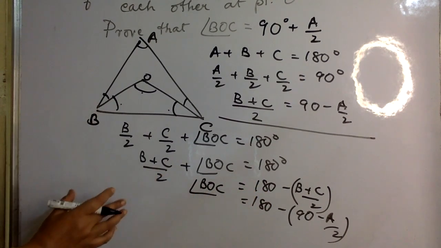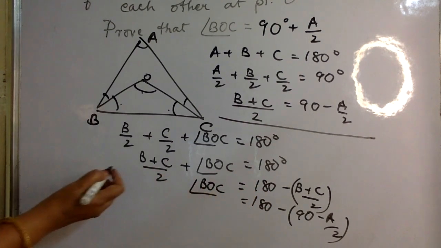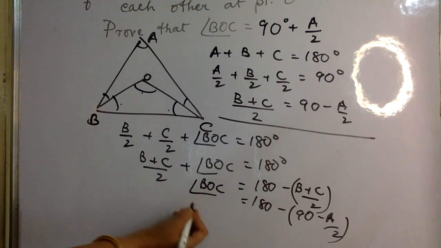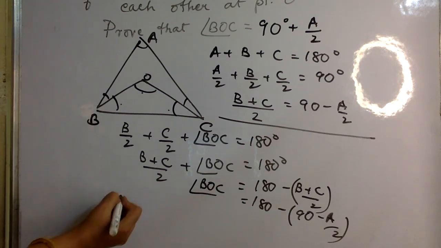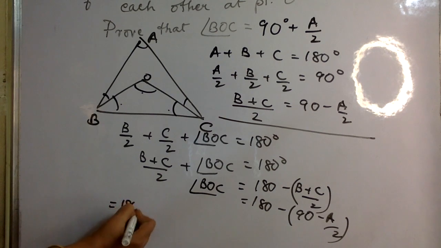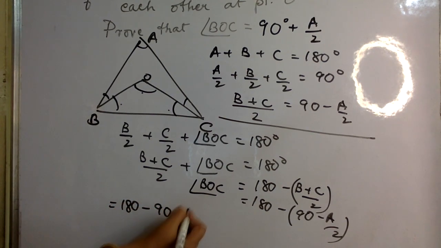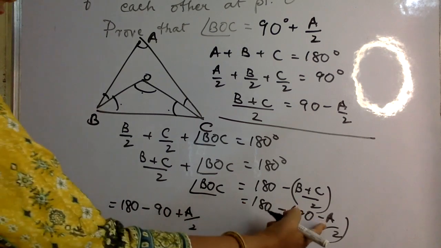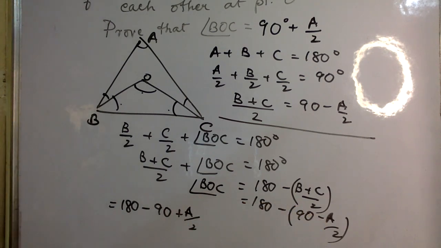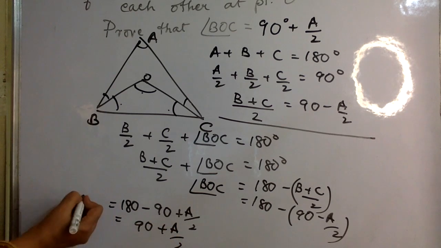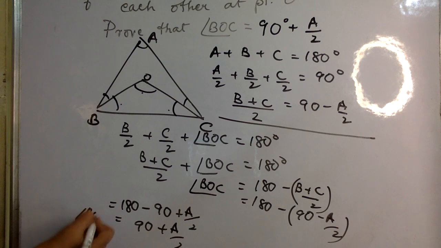And that gives me, I'll write it here, 180 minus 90 plus A by 2, because there's a change in sign, note it. That comes to 90 plus A by 2. So this is my angle BOC, hence proved.